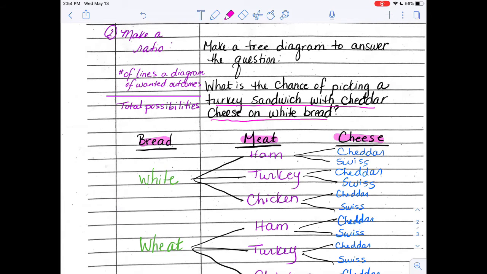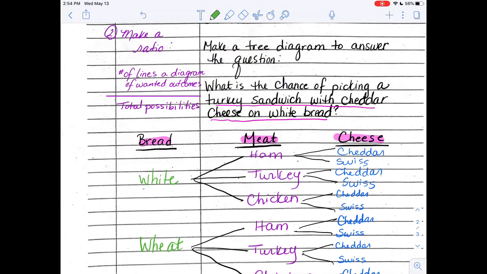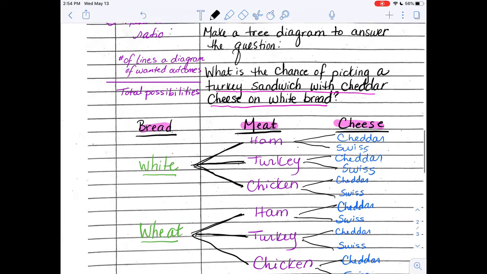And now I'm listing the possibilities under them. Well, under the bread, there was only the wheat and the white. So I write white and I write wheat. Now the meat, there were 3 choices of meat. And that's why you can see right here, I have 3 branches coming out from each of the breads because it could be any of those 3 meats that they put on those sandwiches.